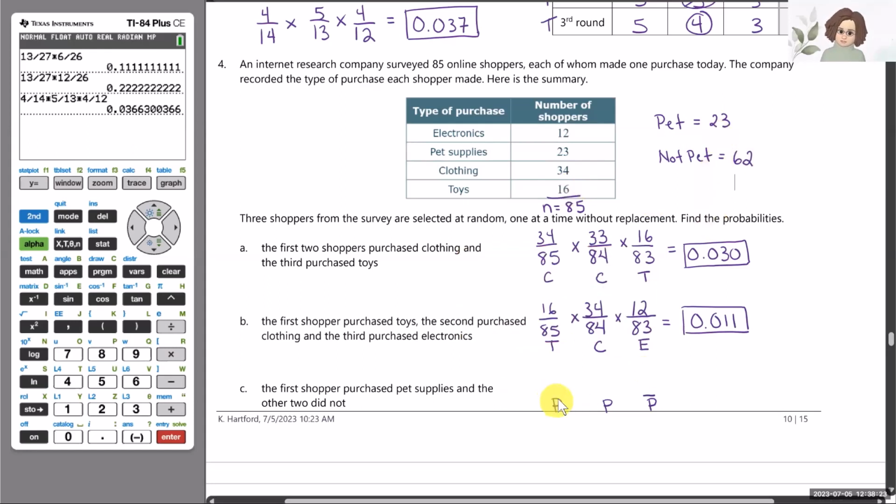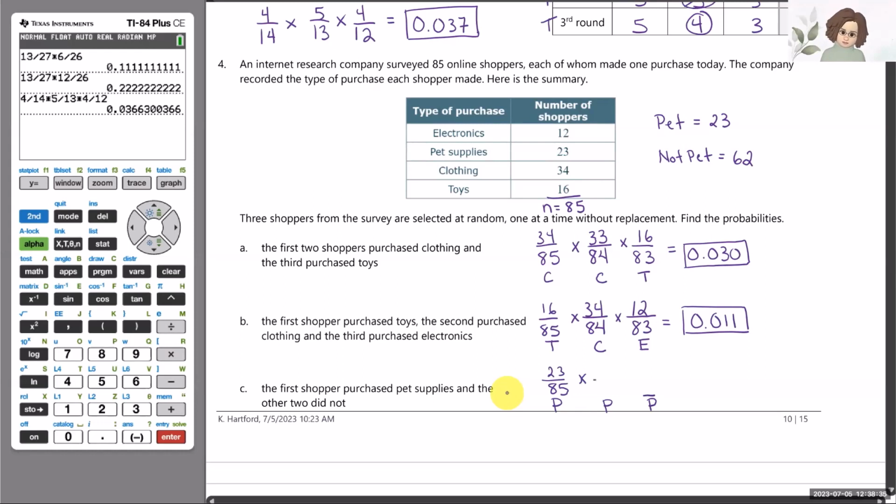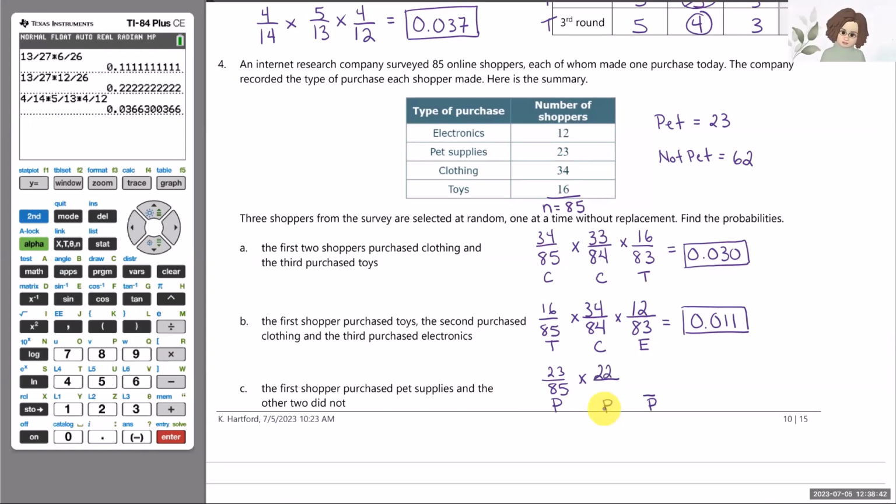Okay, so the probability the first person that we pick bought pet supplies would be 23 out of those 85 people. So we pick that person, so they're gone. So I wouldn't have 23 people left that bought pet supplies. Now there would only be 22 out of the remaining 84.